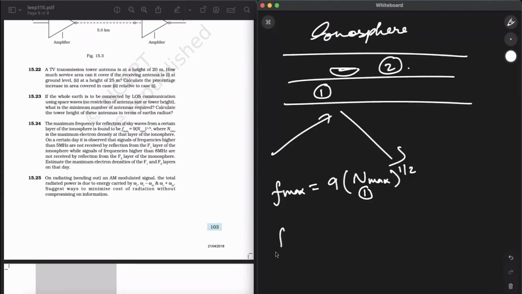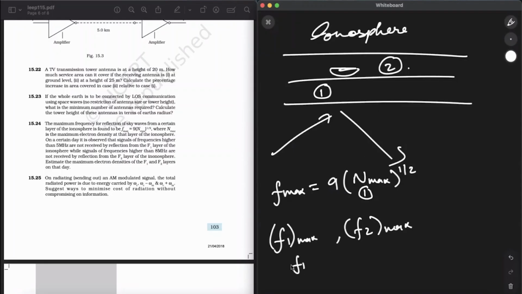So for layer 1, F1 max will be there, and for layer 2, there will be F2 max. Then you have to tell the ratio of the maximum electron density for the two layers, so you will divide this. Simple.